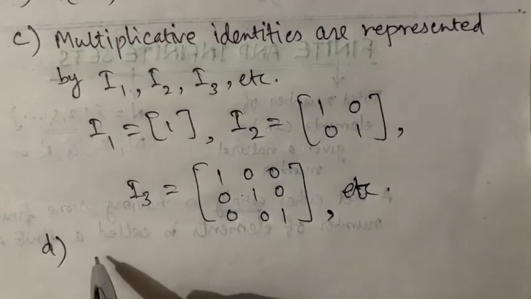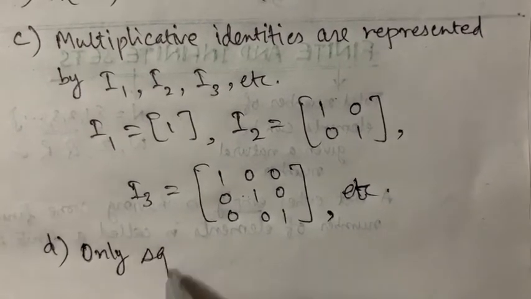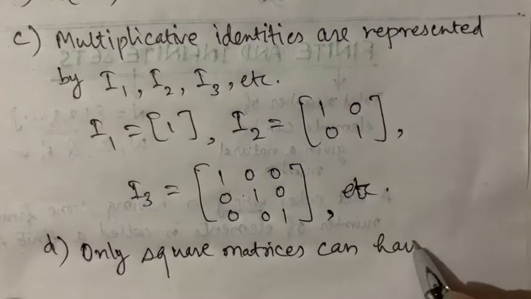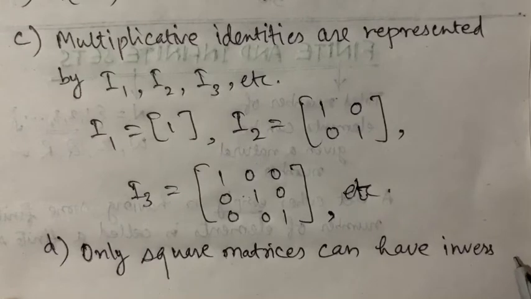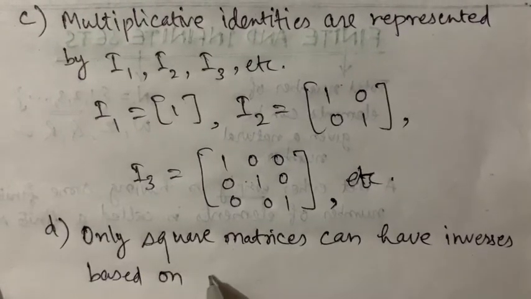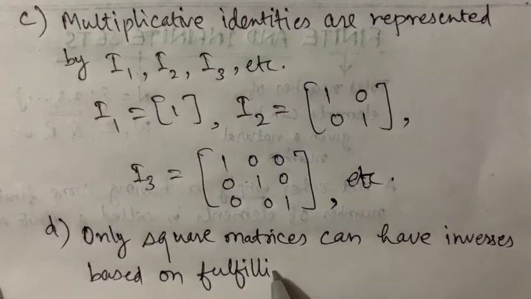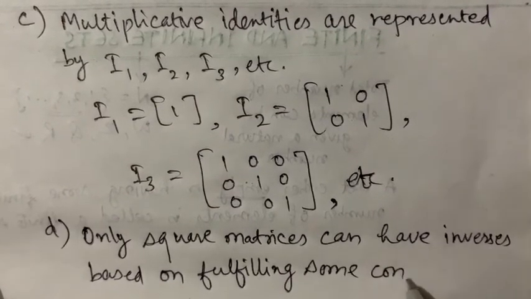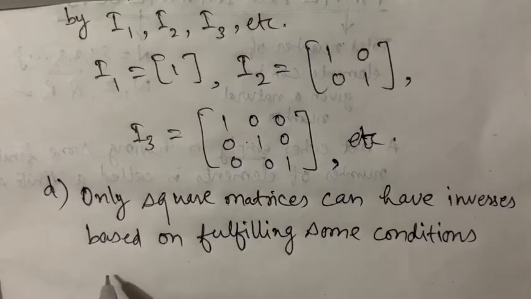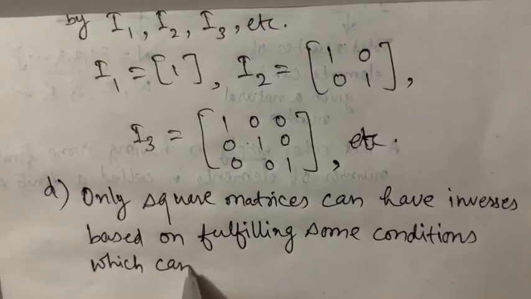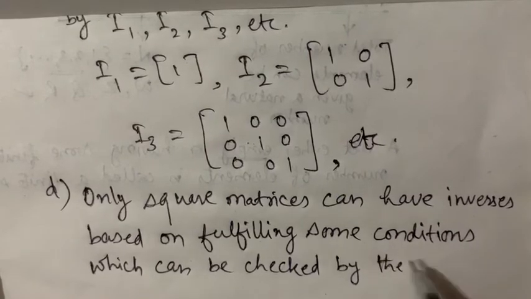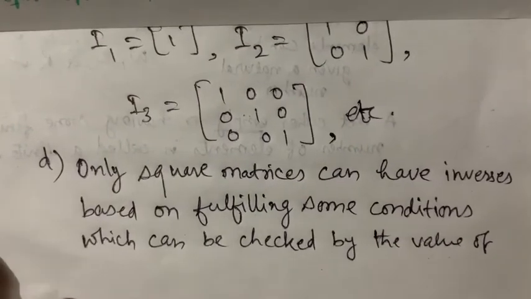We will see it later, but only square matrices can have inverses, based on fulfilling some conditions, and those conditions can be checked by the value of its determinant.